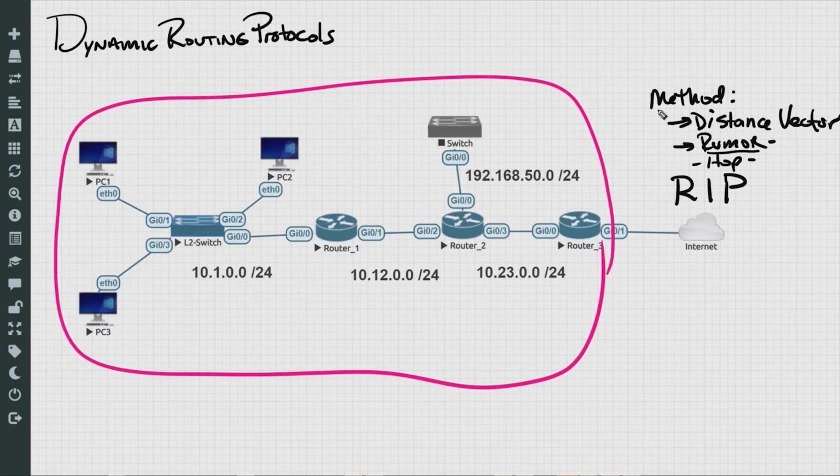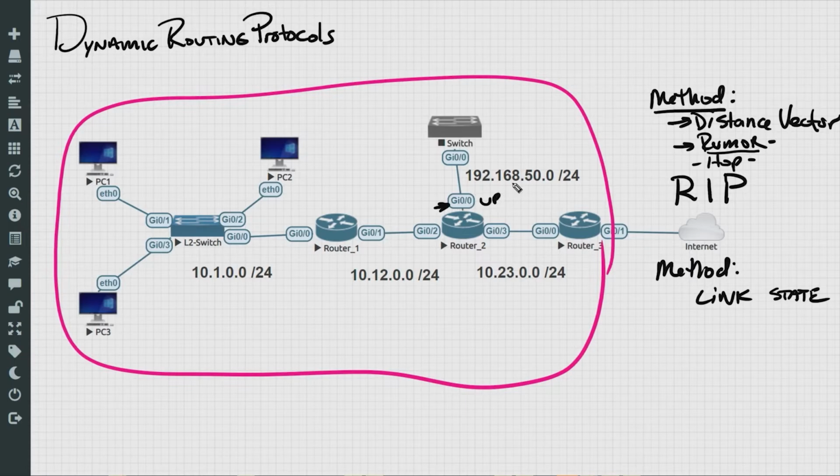Now, another method that a dynamic routing protocol could use to dynamically advertise networks inside of an organization or inside of a routing domain would be the method called link state. And let's have some fun breaking down what that means. If we have each router, let's just pick on router 2, for example. Router 2 knows, because it's directly connected, that it's connected to the 192.168.50 network, and the state of that link is up.